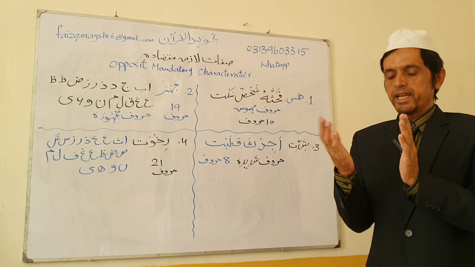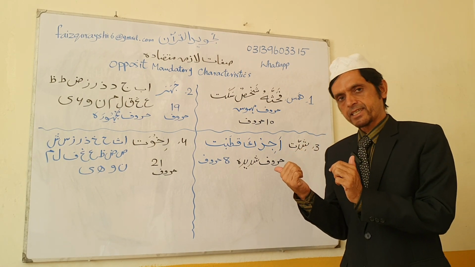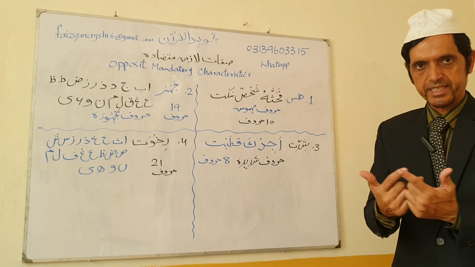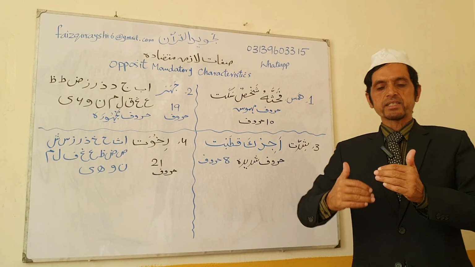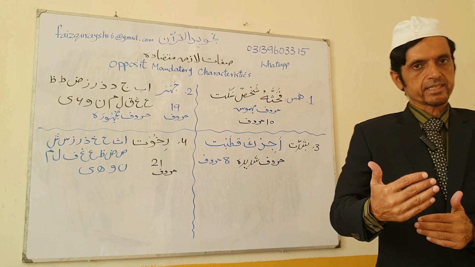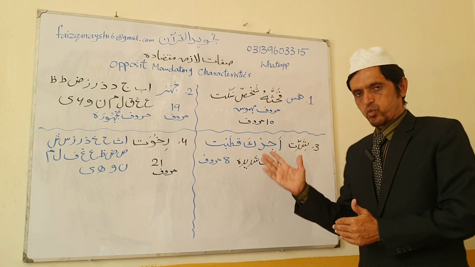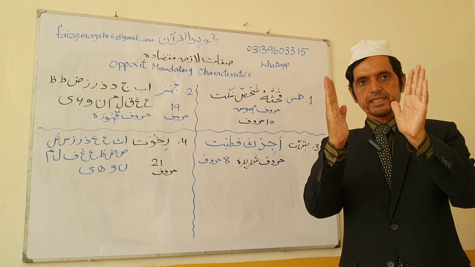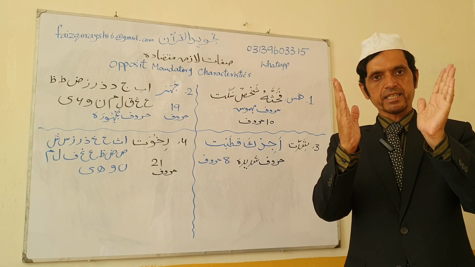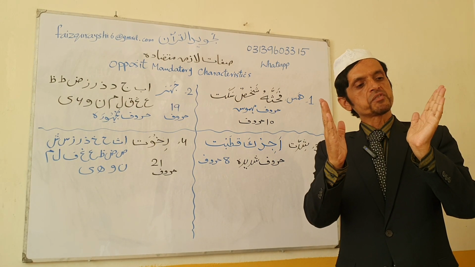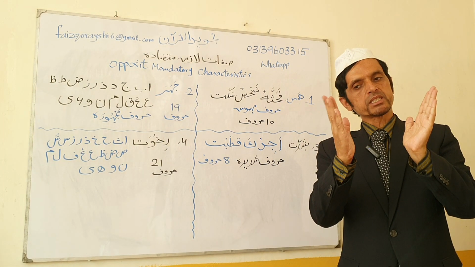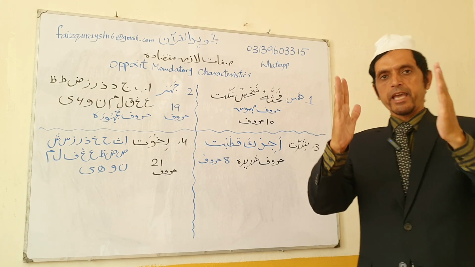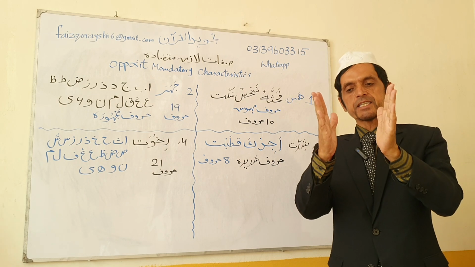In one letter, if one characteristic is found, in the other will be found the opposite characteristic of the first one. For example, there are 5 characteristics in one group of letters, and 5 characteristics in the other. So these 5 characteristics are opposite of those 5 characteristics.